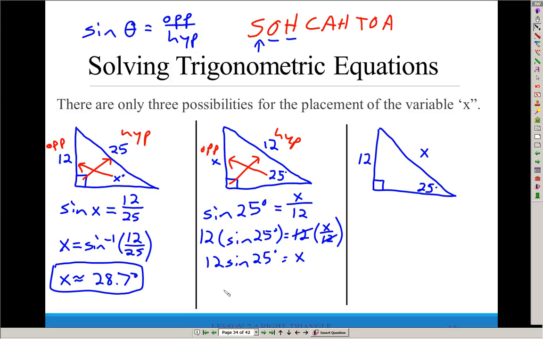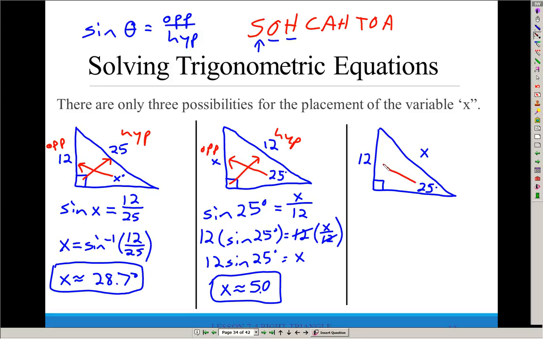When you punch in 12 sine of 25 degrees, you get about 5.04. So if we're doing nearest tenth, we'll do 5.0. Identify the sides, determine whether you're using sine, cosine, or tangent, and substitute in. So when x is the numerator, multiply both sides by the denominator.